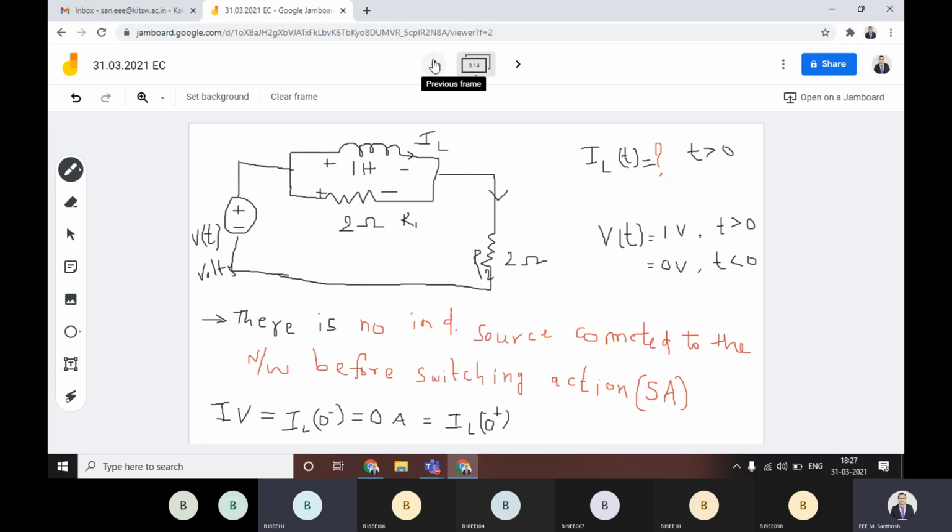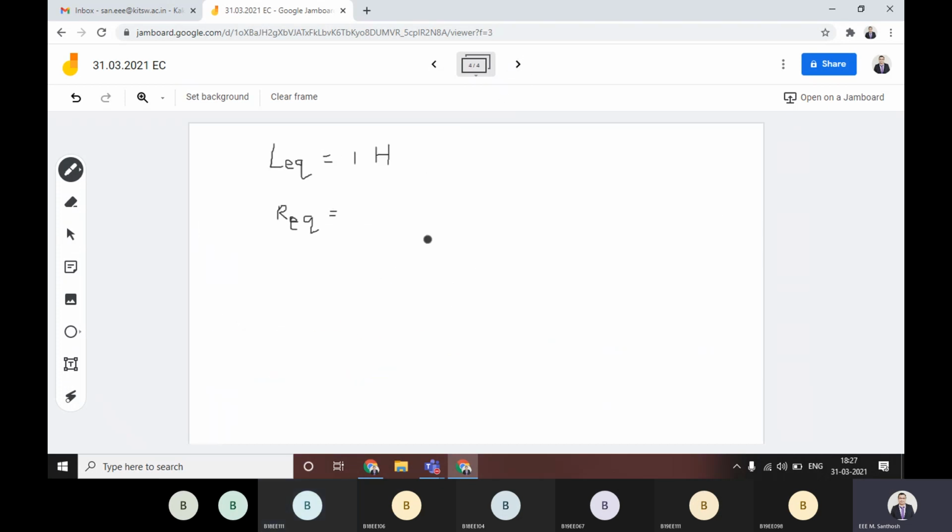Both are in parallel, right? Is it series? Sir, in steady state condition, when t greater than 0, that means steady state, the inductor acts as a short circuit. If it is a short circuit, then both resistances are in parallel, right?